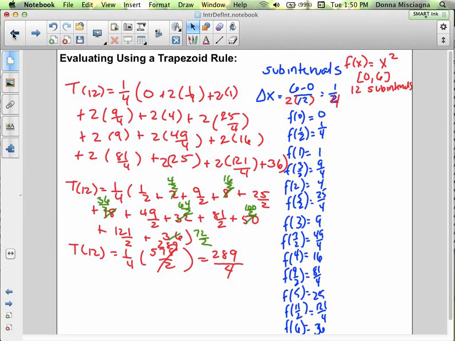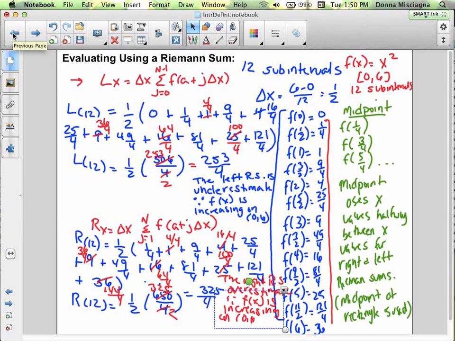All right, let's go to the other page and check out what that value was. So we had 253 fourths. Oh, actually, they're all divided by 4. So we had 253 fourths. That was an underestimate. 325 fourths. That was an overestimate.